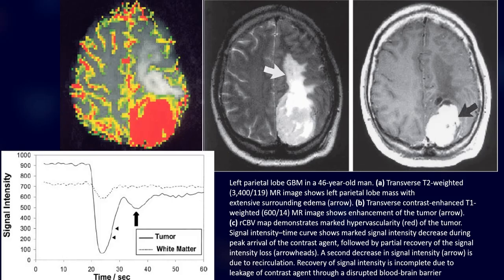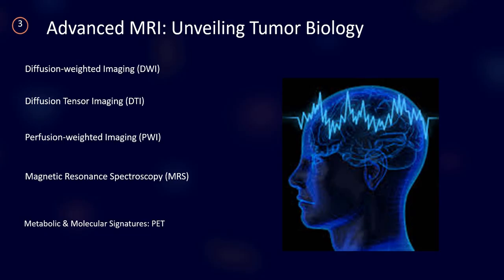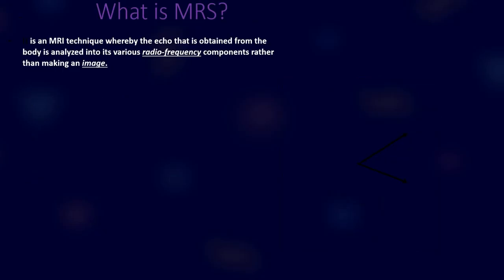Also, we can detect infiltration beyond the enhanced part. On the other hand, low-grade glioma shows hypoperfusion with a low relative cerebral blood volume value.